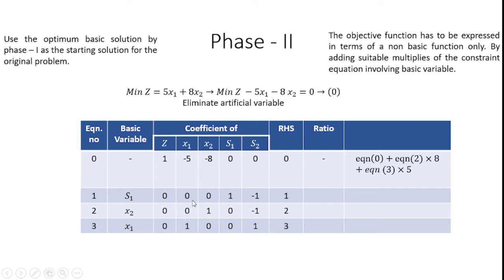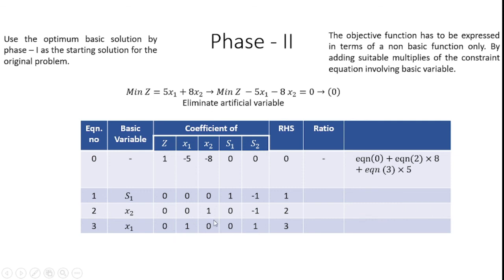After that, how can I convert the -5 into 0? In equation 3, in the same corresponding column there is a 1 available, so equation 3 into 5, so -5 plus 5 I can easily get 0. Likewise, we can multiply the other values available in the equation and add them.